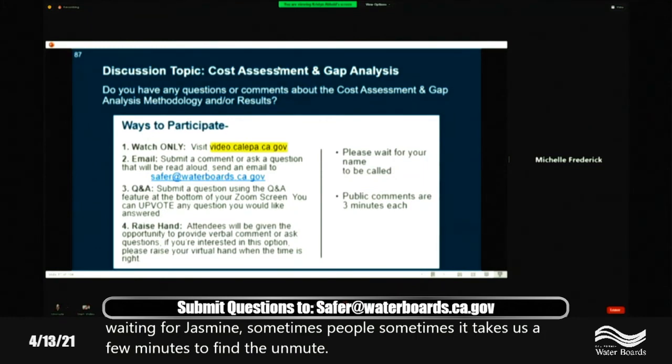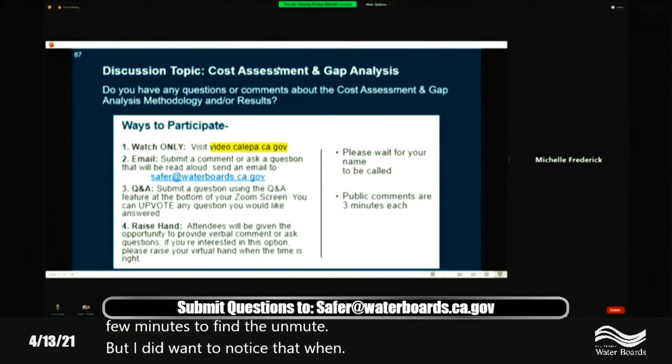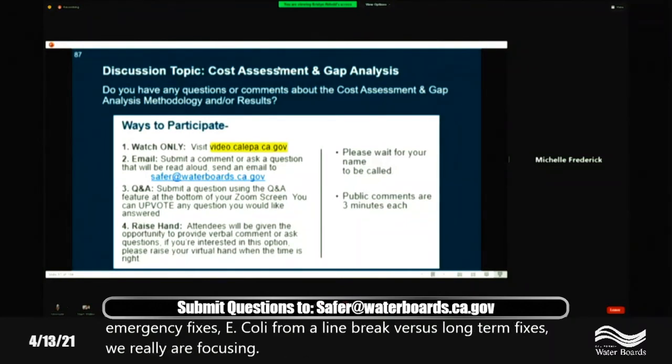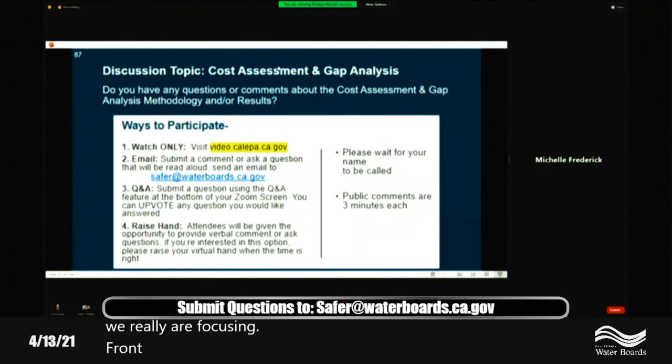But I did want to note that when this question talks about emergency fixes, you know, E. coli from a line break versus long-term fixes, we really are focusing on the human right to water list. That would be more of a long-term fix.